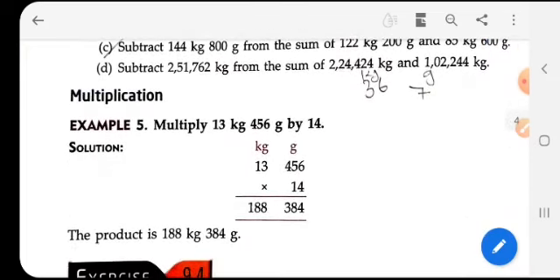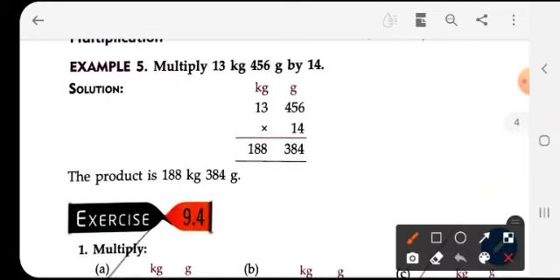Then we come to the multiplication sums. Now here we have 13 kilograms 456 grams by 14. So put them in proper kilograms and grams columns and multiply as you multiply normally. Simply learn the tables of 14 and do the multiplication.